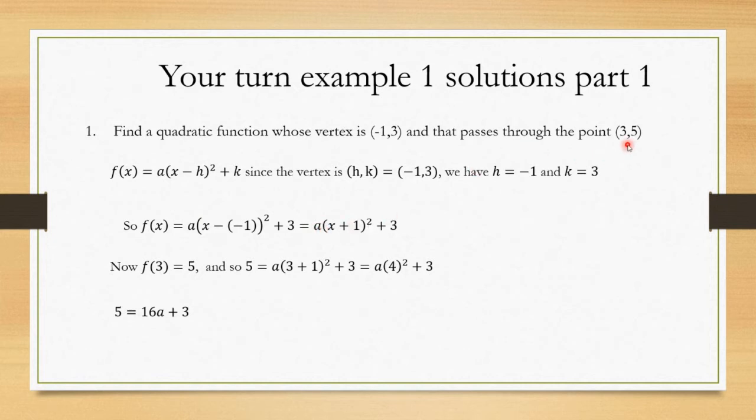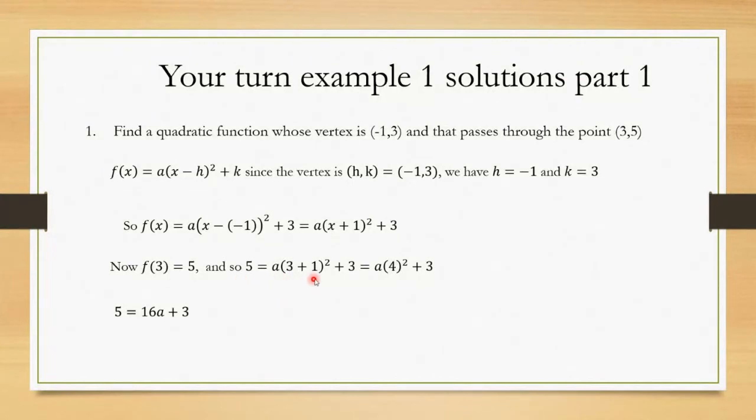Remember, if you're given something, odds are you're going to have to use it. We know it passes through the point 3, 5. What does that mean? It means f of 3 is 5. In other words, when x is 3, we have to get 5.